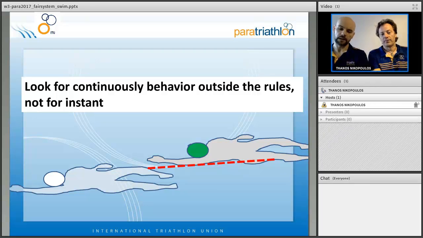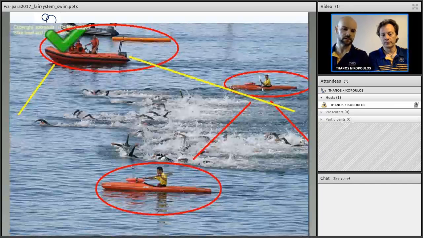Now, it's more common in our events to have violations on pulling or dragging with the B1 athletes. And the way that we have to officiate this event is to have technical officials specifically monitoring this group and make sure that we don't have any athletes who try to take advantage of this situation.